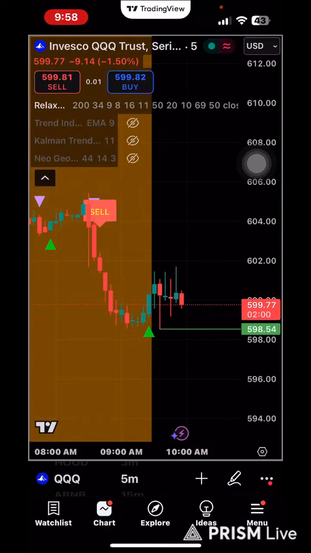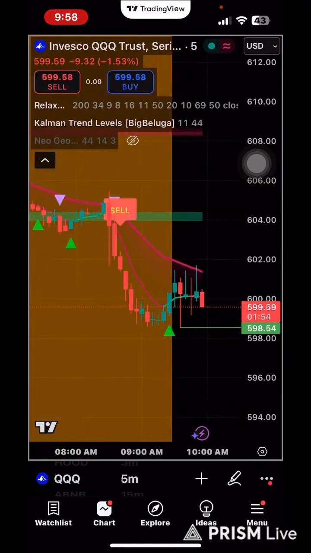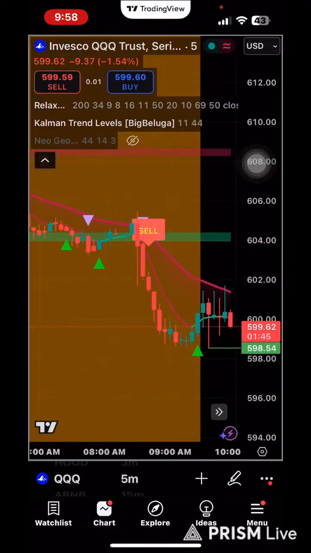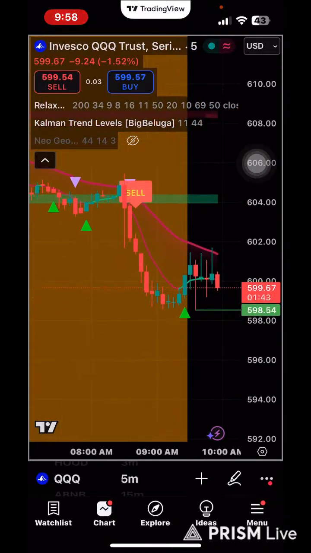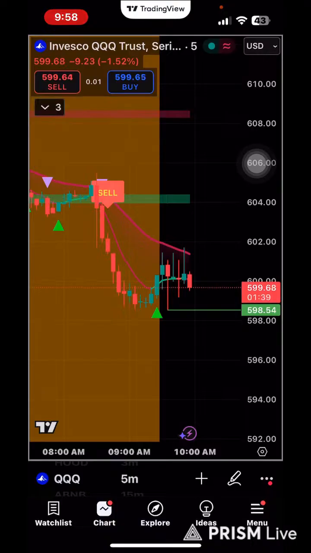Get rid of some of this stuff. See what this indicator is doing. This is the Kalman trend level that I added. I don't really use it too much, but you can see it's bearish, that red line over there. Let's keep it on.